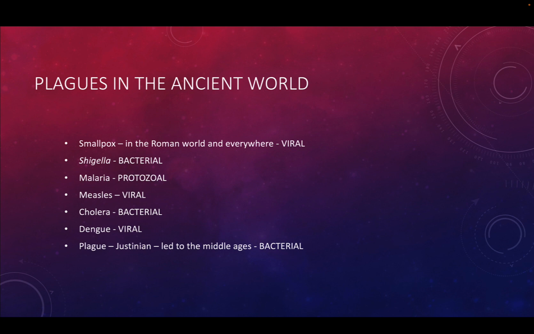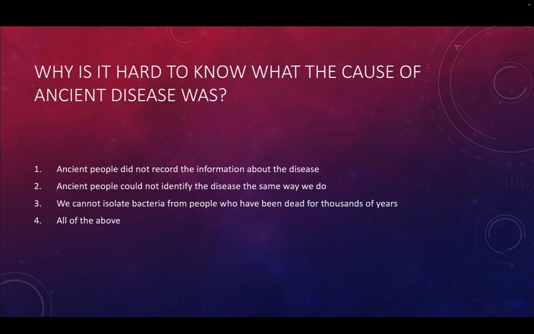And the plague, the Justinian plague, which led to the Middle Ages, also a bacterial infection. So plague, Yersinia pestis, the Black Death, bacterial. Lots of different kinds of organisms that cause plagues.